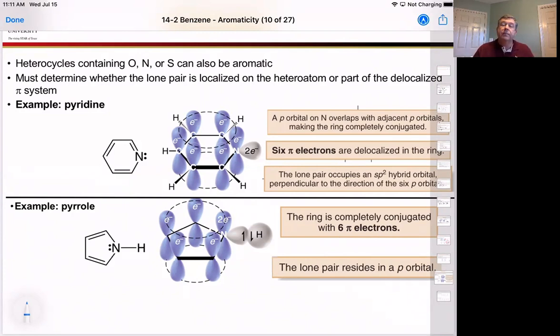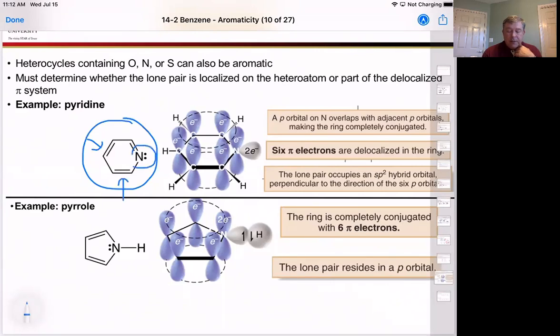So when we have something other than carbon, we have to make sure that the hybridization is correct to allow us to have a p orbital, and that we have electrons that are either in or not in that p orbital, depending on the structure. So let's look at pyridine right here. In pyridine, this is our 2 electrons with carbon, this is 2 electrons here.